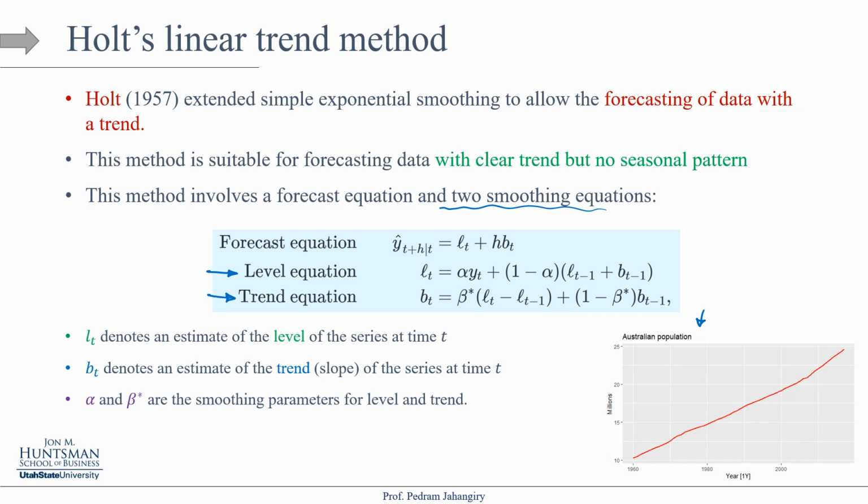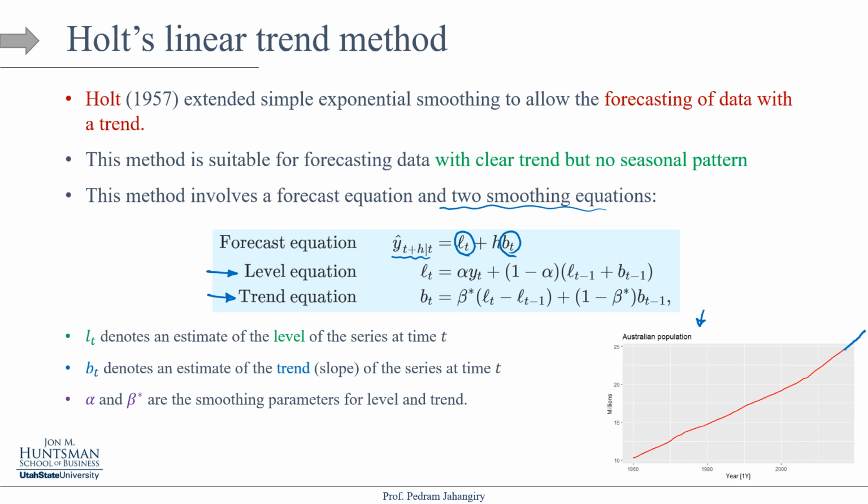Okay. So the forecast equation is pretty straightforward. It says that your forecasted values are basically whatever the level is plus h multiplied by whatever your trend component is, right? This h can be 1, 2, 3, and as you see, as we go further down the road, we have to multiply a larger number to the slope, so we get larger values, right? So that's why it can produce something like this.